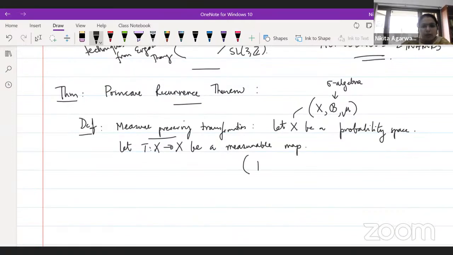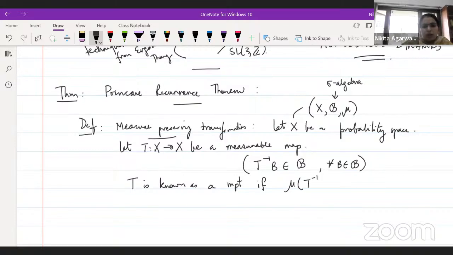By measurable, I mean that if I take T inverse of any B in the collection curly B, then it again belongs to curly B. So T is known as a measure preserving transformation if the measure of the inverse of any set is the same as the measure of the original set.